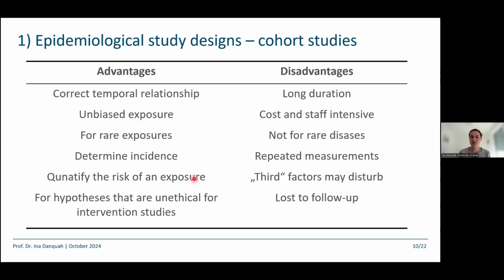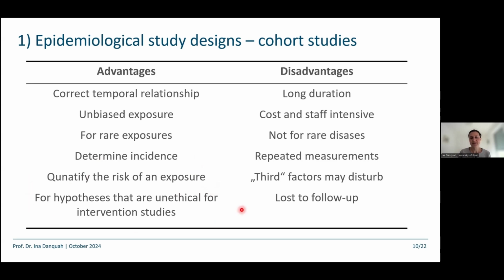I already mentioned you can determine the incidence, so that means how many episodes of a certain condition will occur over time, and you can precisely determine how many individuals will develop a certain outcome of interest over time. So that's why you can quantify the risk of an exposure in the exposed and unexposed group.